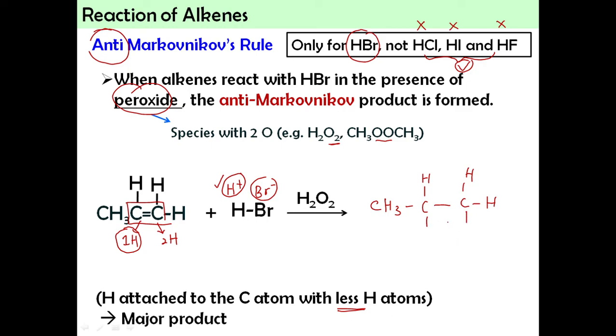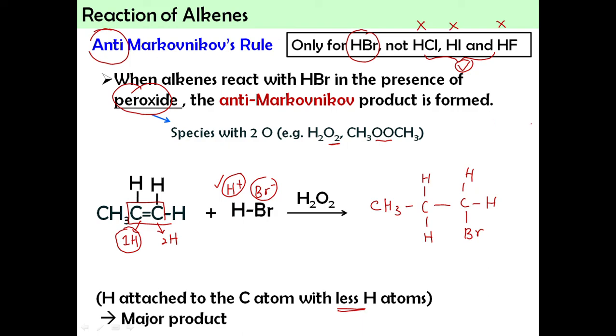Okay, kalau kita ikut Markovnikov, hydrogen akan pergi sini kan? Tetapi sekarang dah anti-Markovnikov tau. So, hydrogen will be attached to this carbon and Br will be attached to this carbon. So, this is the product. Okay, so anti-Markovnikov rule only for HBr in the presence of H2O2.